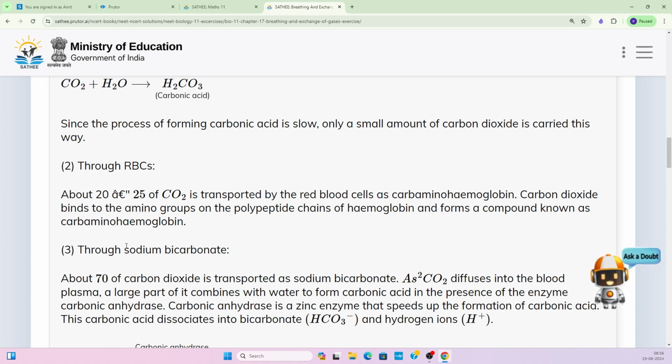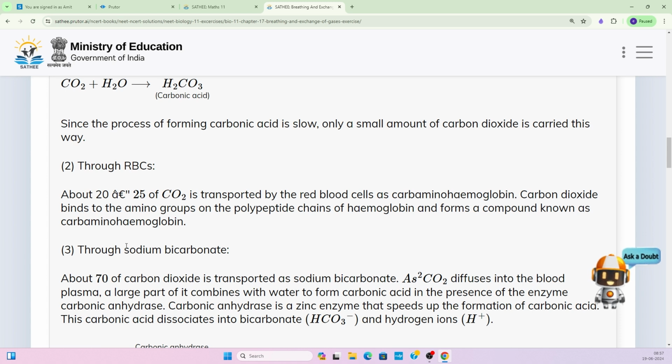This carbon dioxide binds to the amino group of the polypeptide chain of the hemoglobin and forms a compound known as carbaminohemoglobin. So this is very, very important. Only 25% of CO2 is transported by the red blood cells as carbaminohemoglobin.